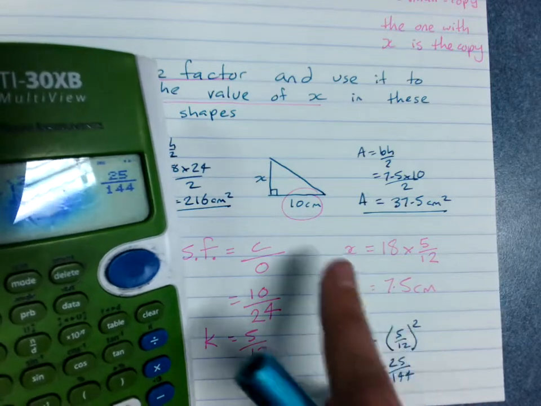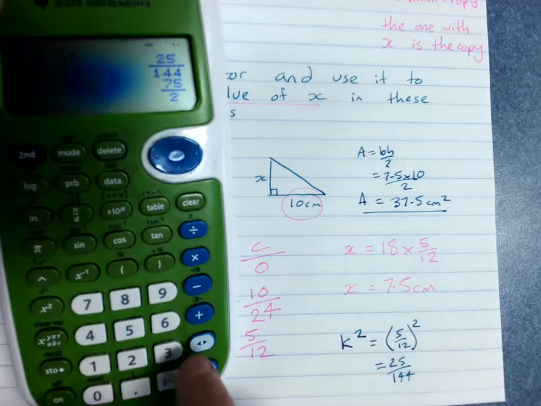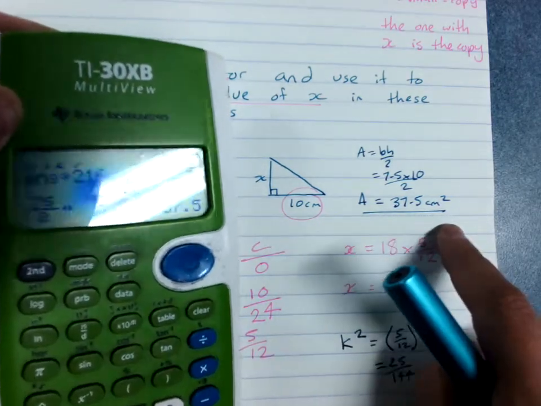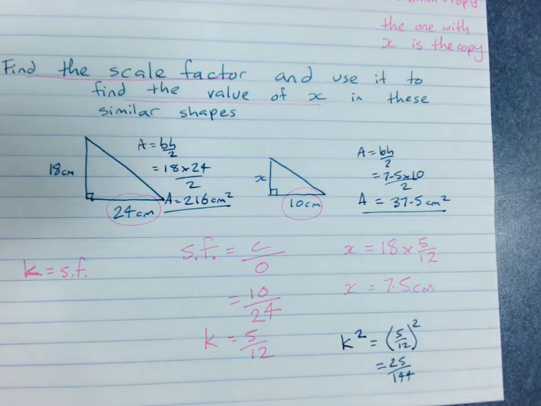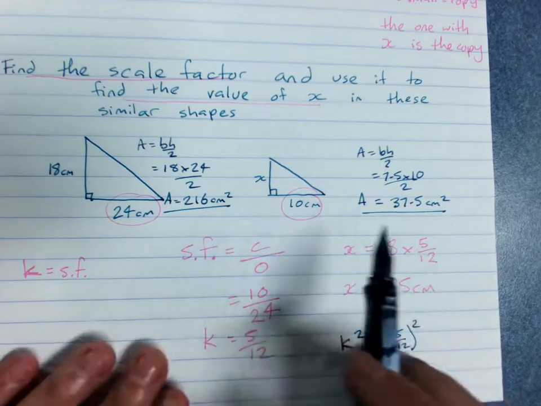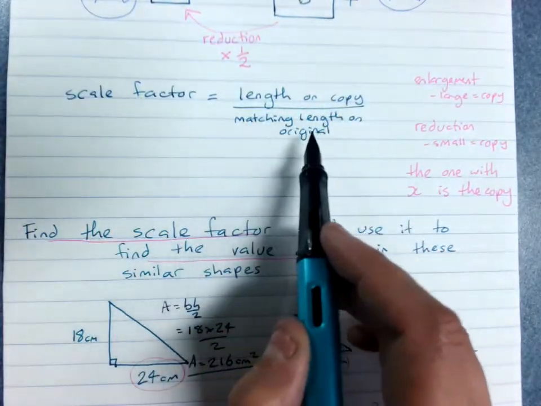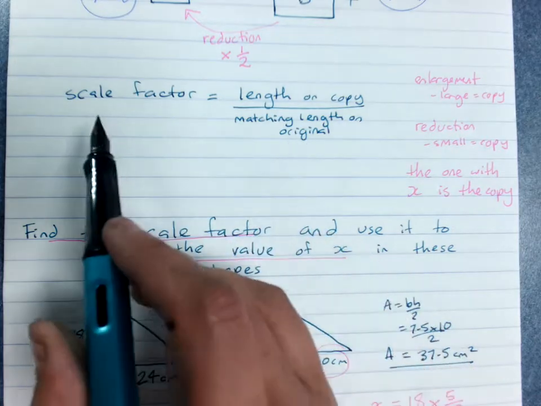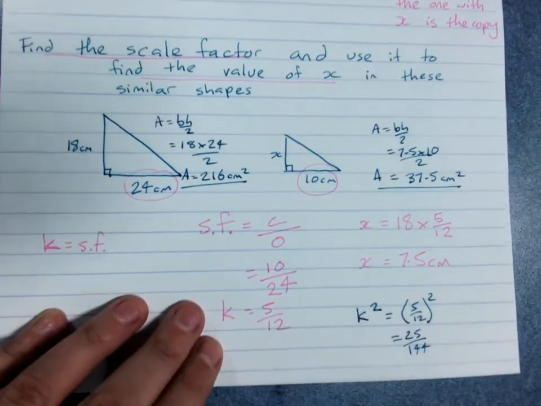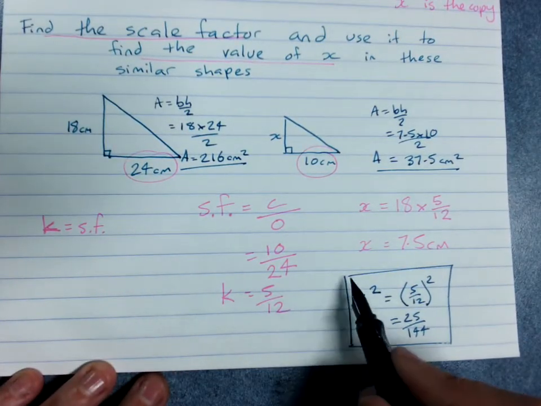I'm going to multiply that by the area of the big one, and we get 37.5, the area of the small one. So the big thing to take away is that your scale factor is the length on the copy divided by the matching length on the original. That is your length scale factor, k. And to get the area scale factor, you find k squared.